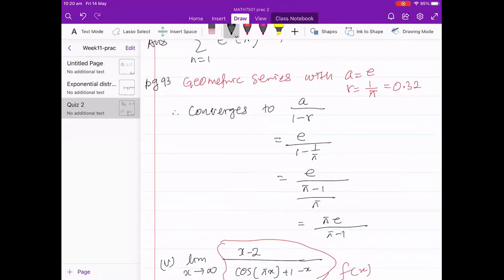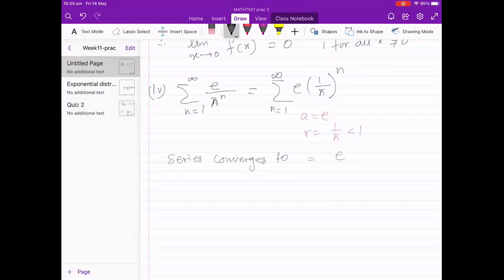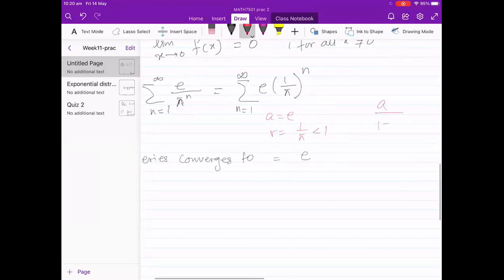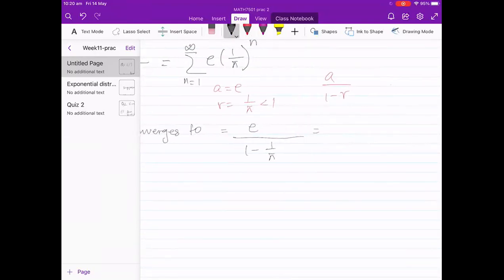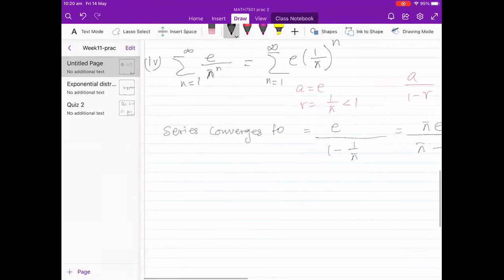A over 1 minus r. A is e, 1 minus 1 over pi, which you can simplify as pi e over pi minus 1.